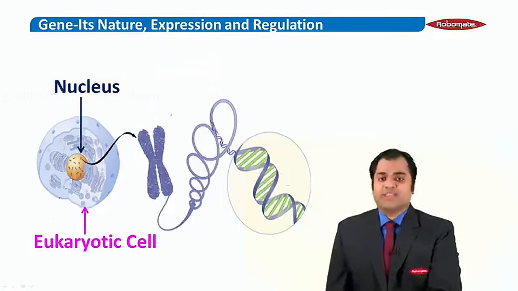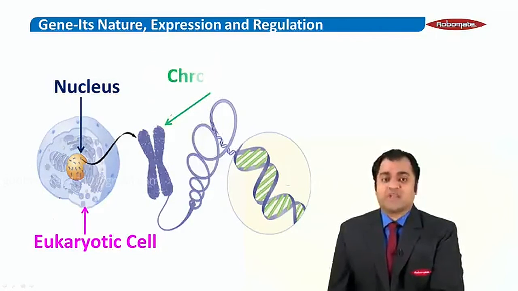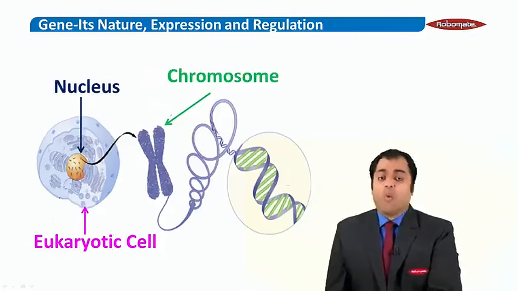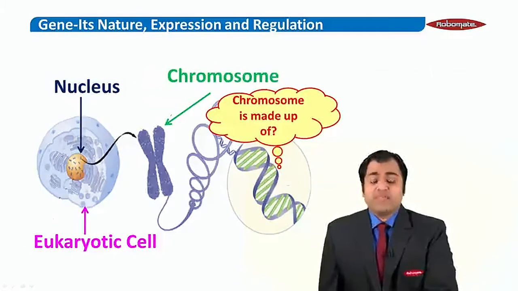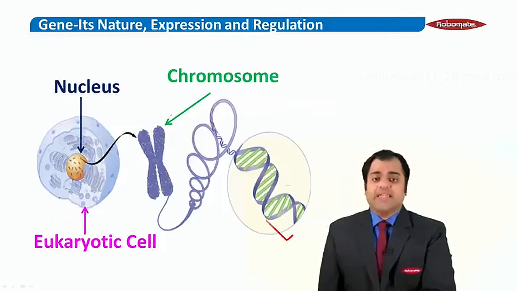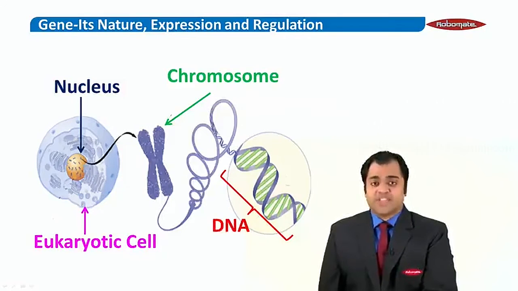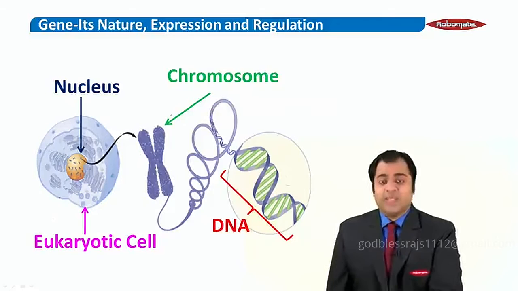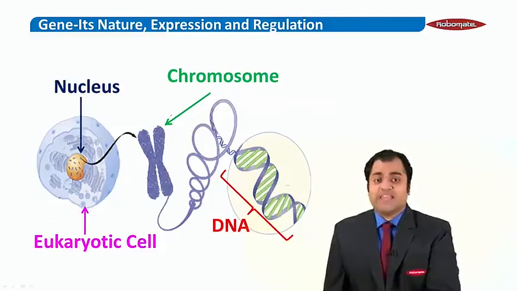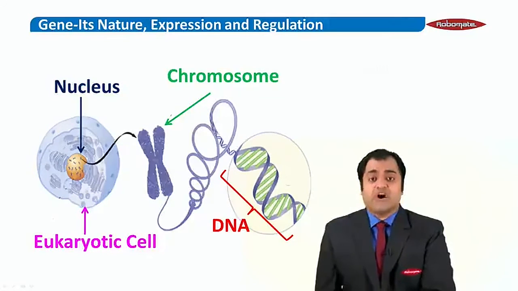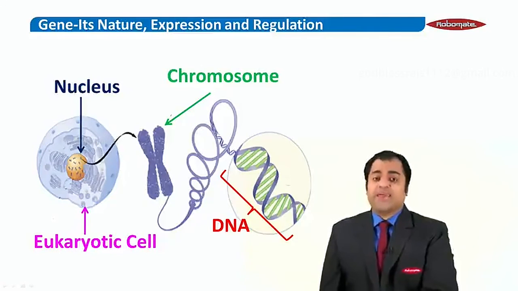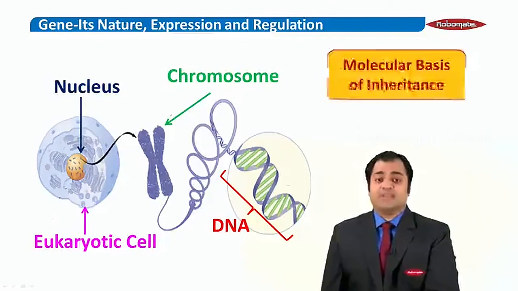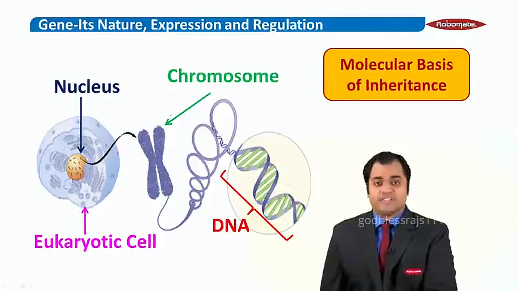The nucleus has a structure called chromosome. And what is this chromosome made up of? The chromosome is nothing but a DNA molecule wrapped several times. So chromosome is made up of nothing but DNA. We'll be studying in this chapter the inheritance and the expression of the DNA molecule, and that is why the chapter can also be called molecular basis of inheritance.